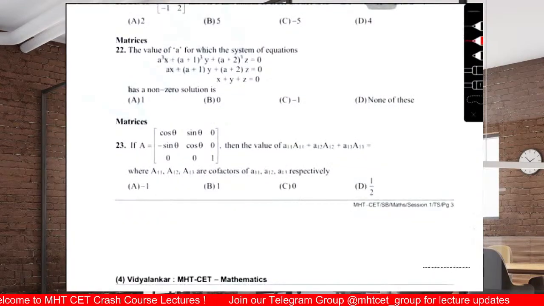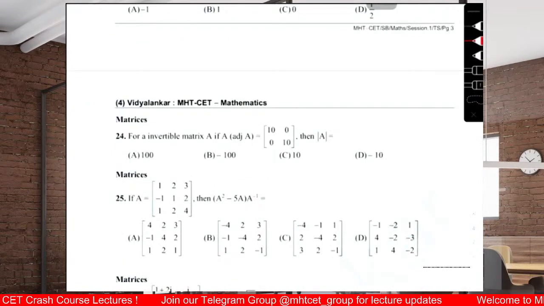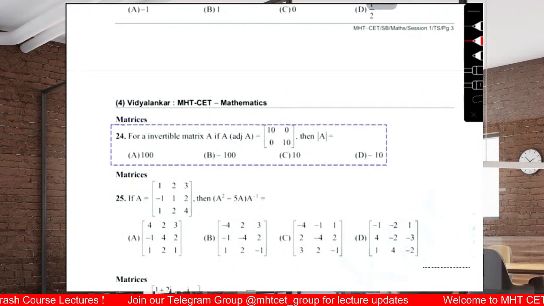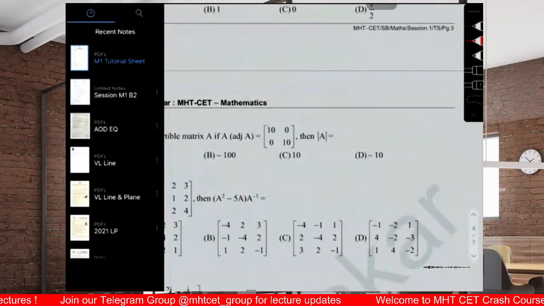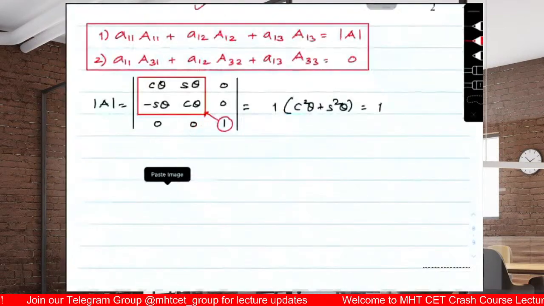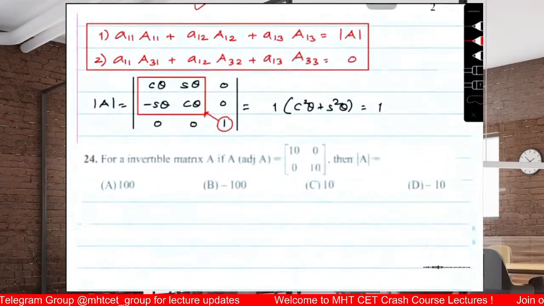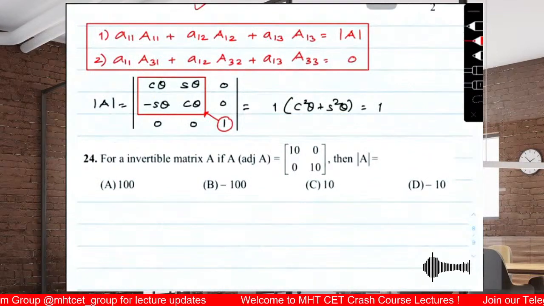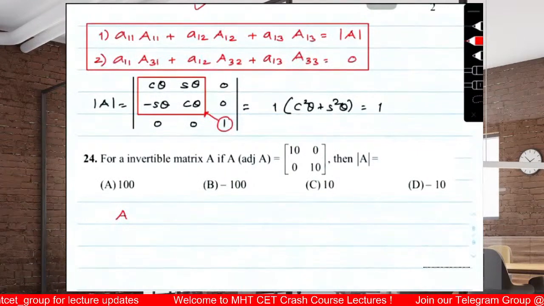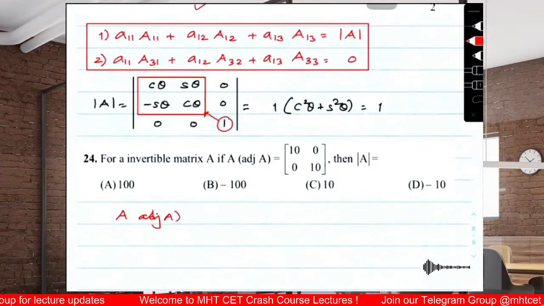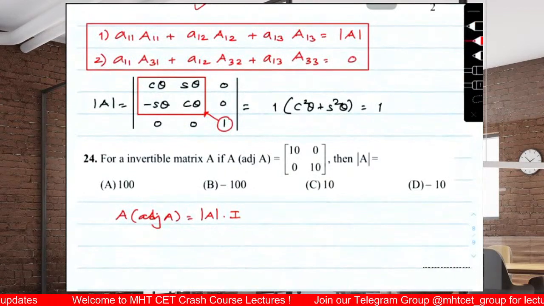24. For an invertible matrix A, if you remember the formula, A into adjoint of A is determinant of A into I. Okay.